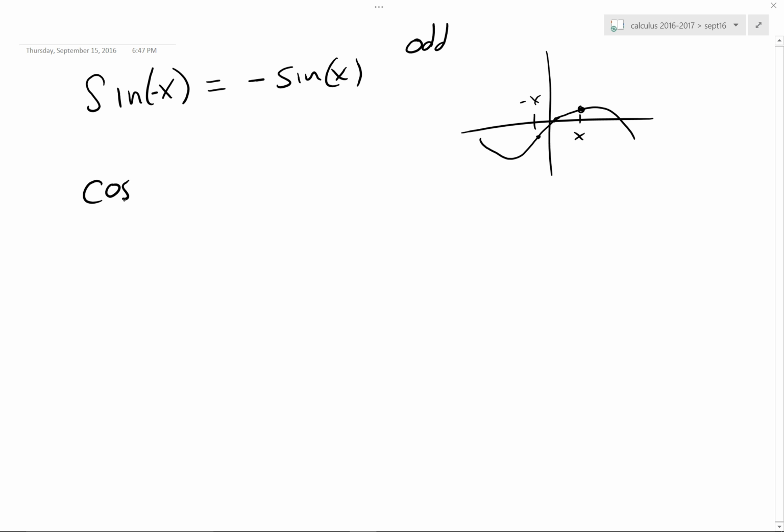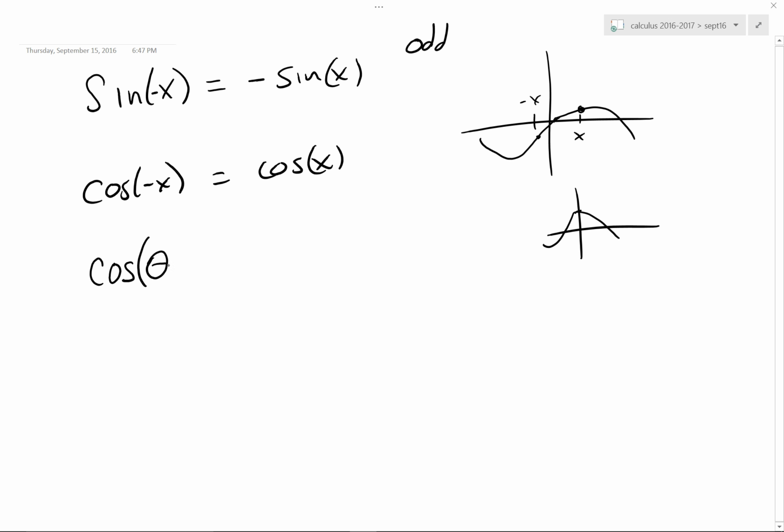And we know that the cosine of negative x is equal to the cosine of positive x because cosine is an even function; they have to match on both sides. That's great. But what if I said to you, I want to do the cosine of some angle theta plus some other angle alpha, let's say.